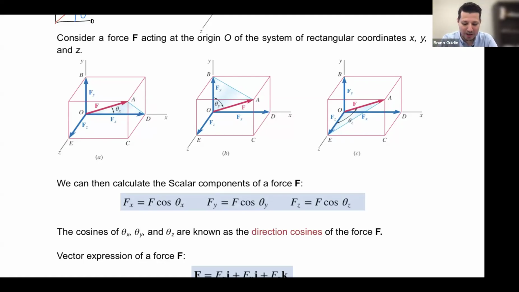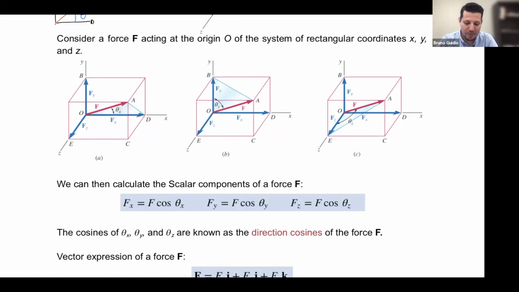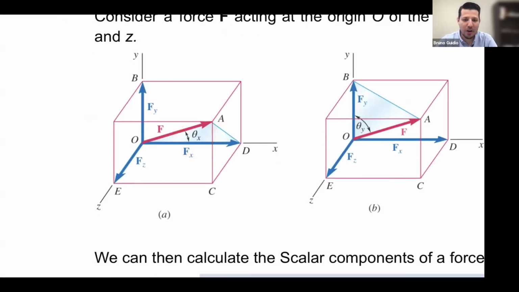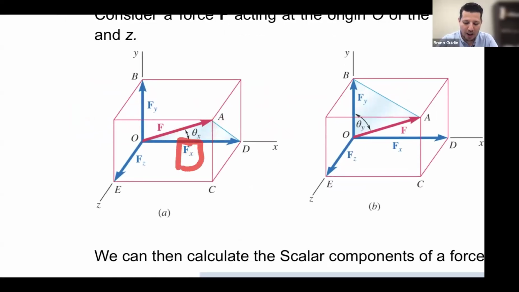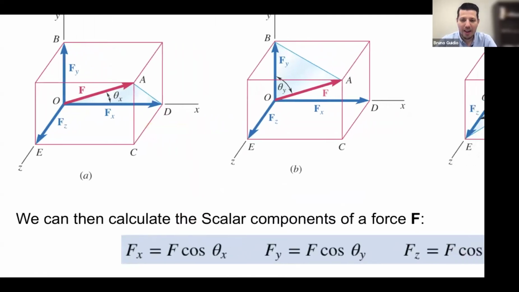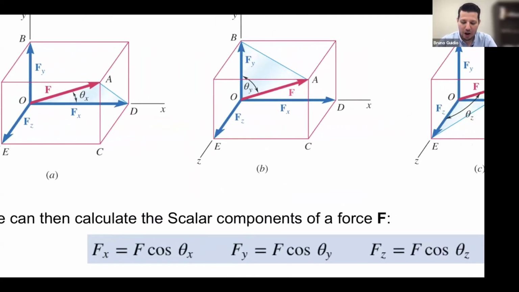As you can see here, from x to the vector I have, let me zoom here, theta x. And what is going to be the component Fx? Component Fx is going to be the magnitude of F times the cosine of theta x, as you can see right here. Then let's find the cosine of the angle that goes from the y-axis to the force.